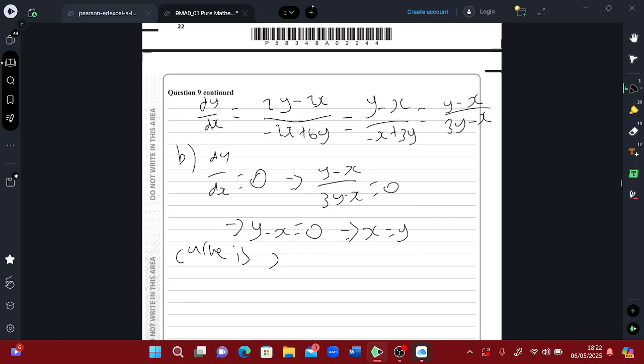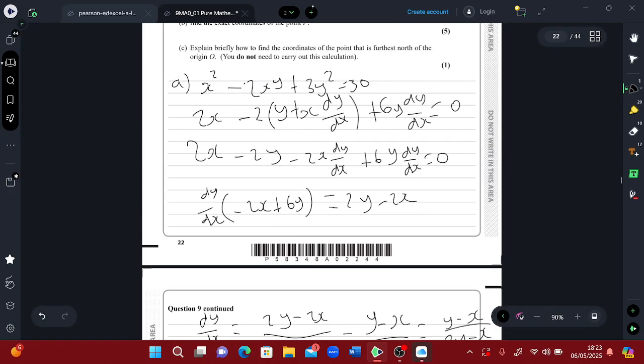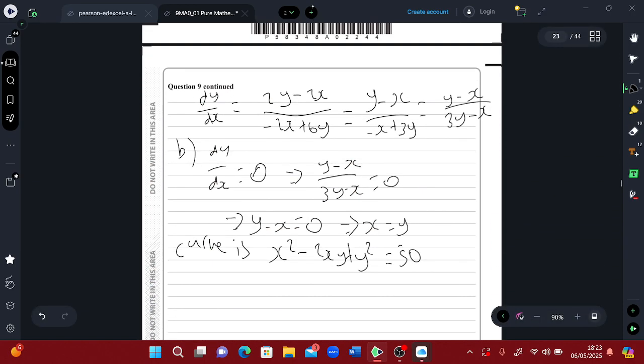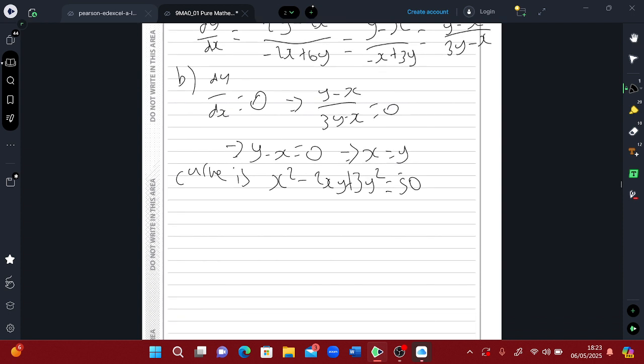If only I knew how to copy and paste text. I'm not that proficient at this sort of thing yet. So that was the equation, right? x squared minus 2xy plus 3y squared is 50. We're going to substitute x equals y.